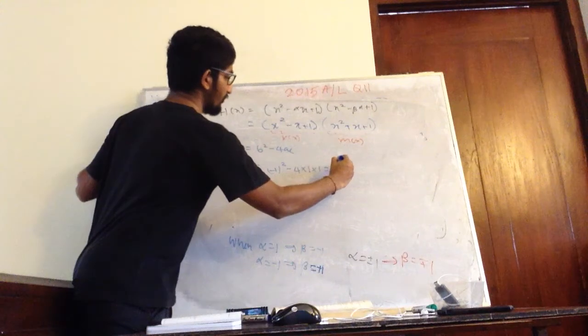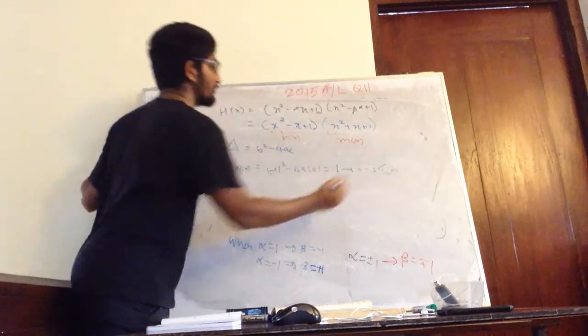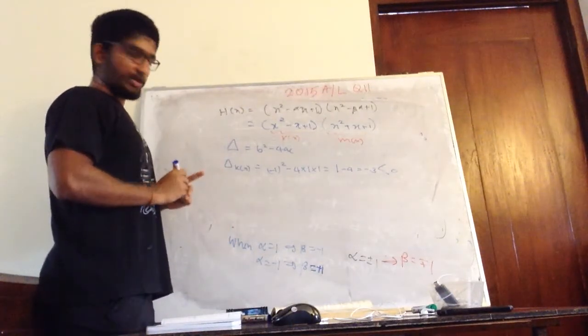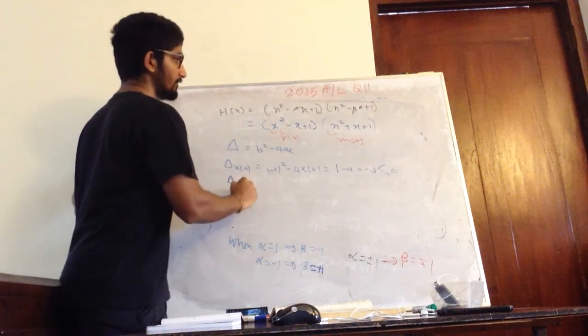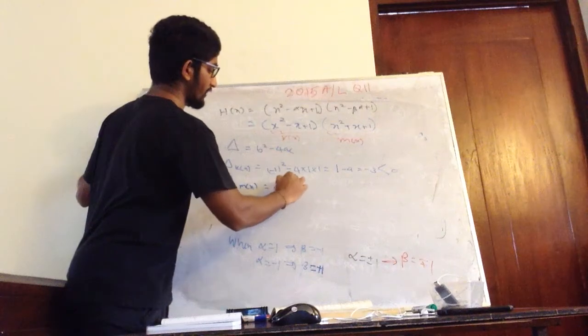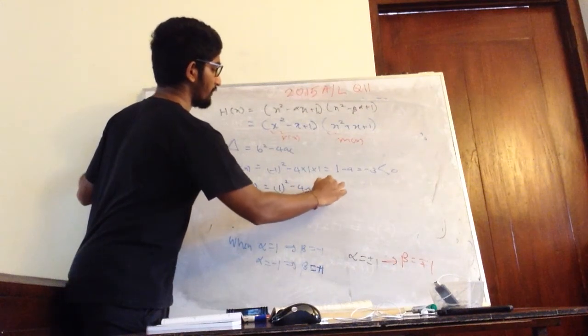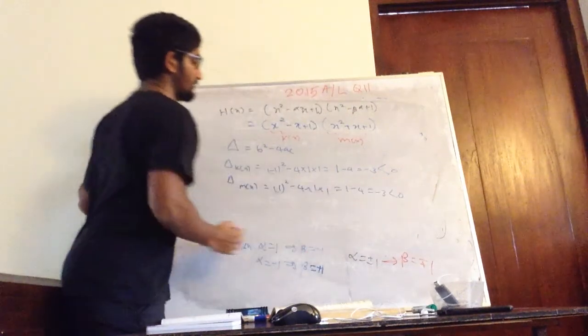That means 1 minus 4 is equal to minus 3. So this is less than 0. Then delta of m(x) is going to be 1 squared minus 4 times 1 times 1, 1 minus 4, which is minus 3, less than 0.